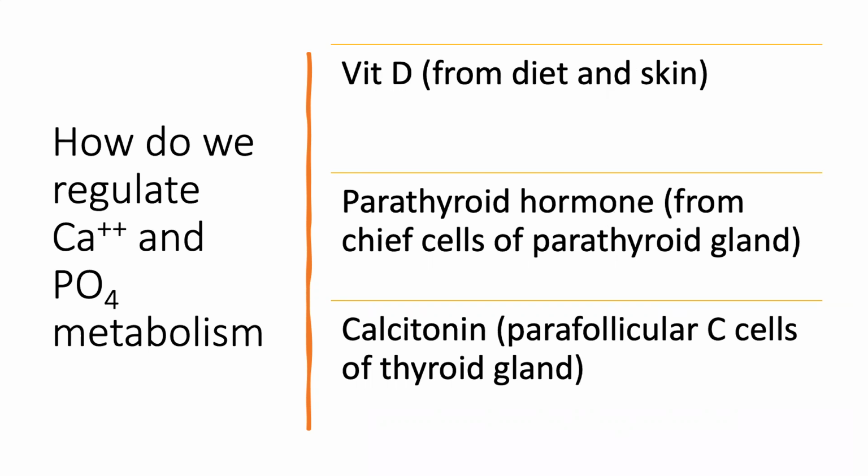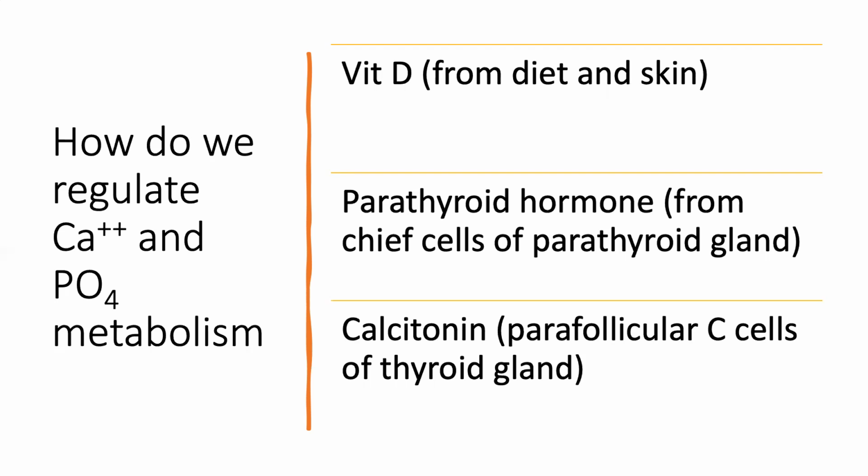So how do we regulate calcium and phosphate? And what is the role of bone in their metabolism? We need to know these three hormones, which are vitamin D, parathyroid hormone, and calcitonin. We receive vitamin D from our diet or from our skin.